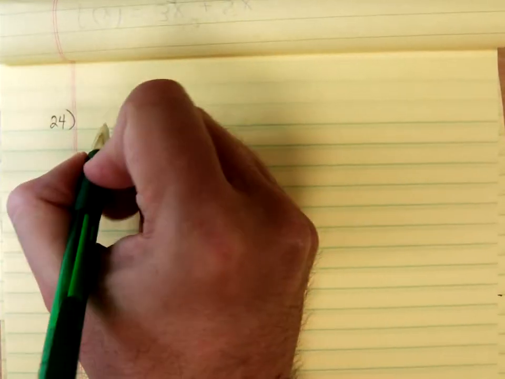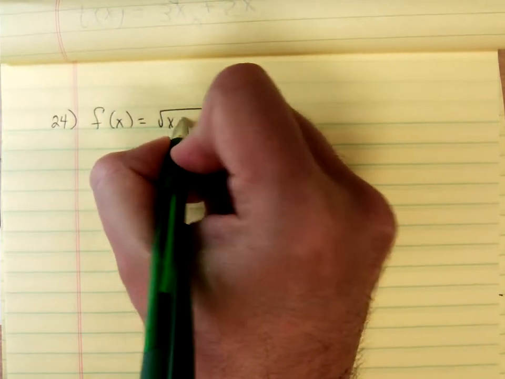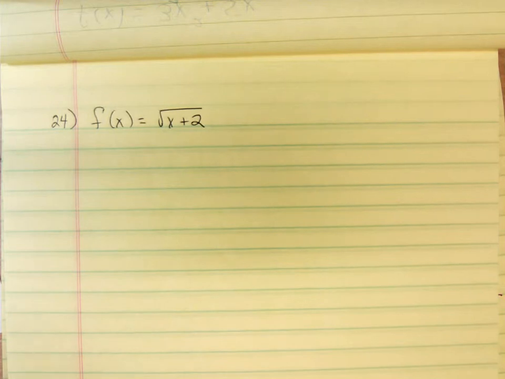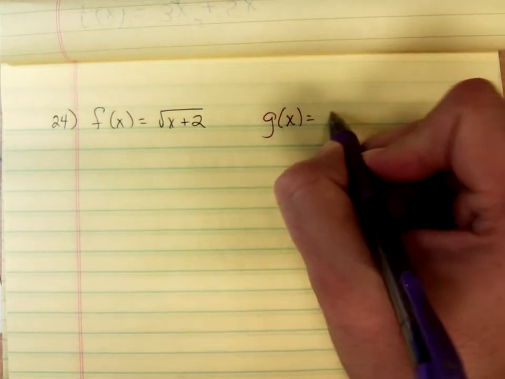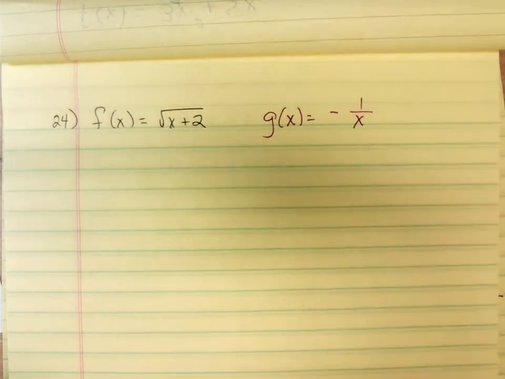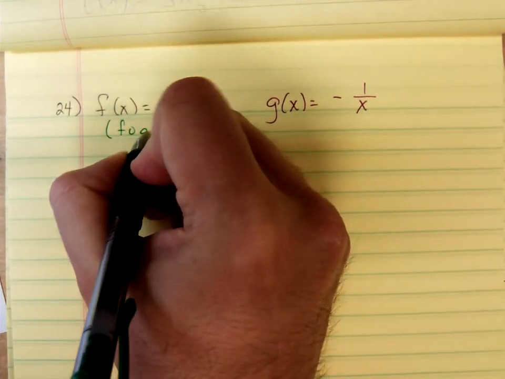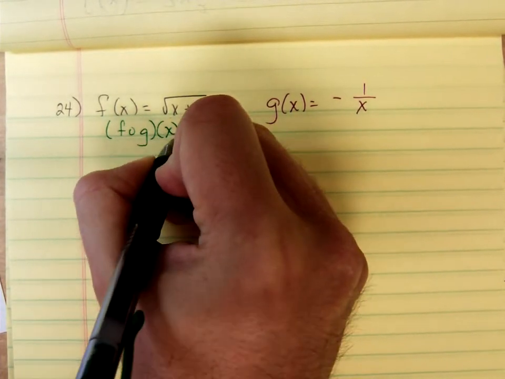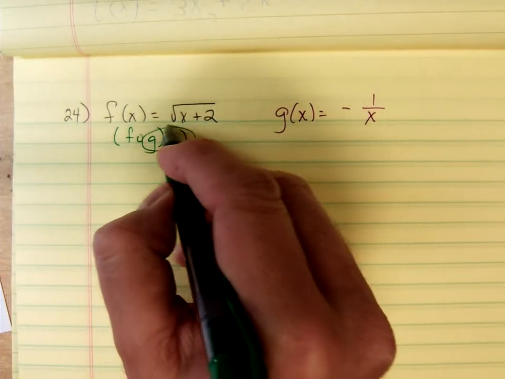F of x equals the square root of x plus 2. G of x is negative 1 over x. Finding f of g of x. That means plug g into f.